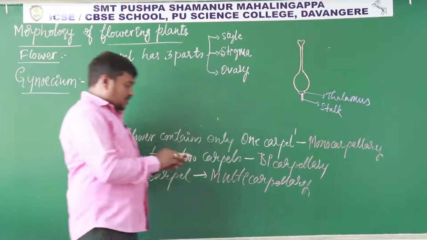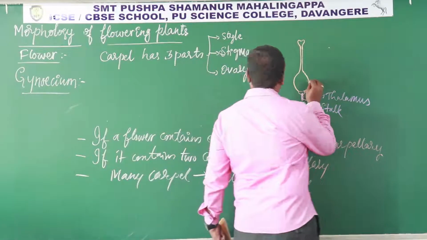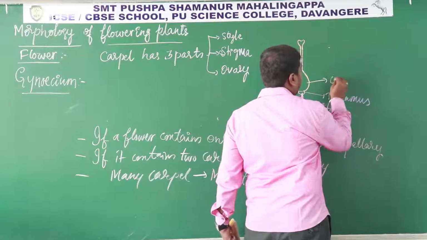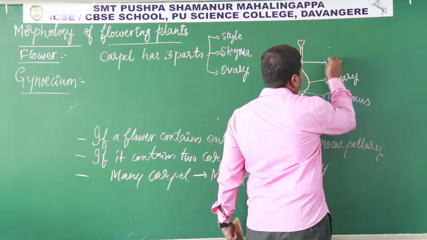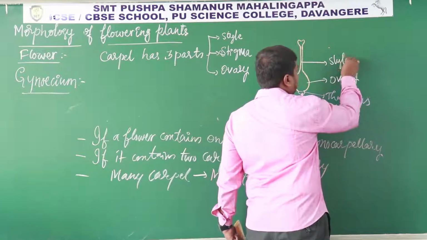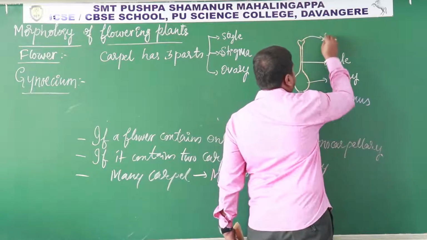This swollen part is the ovary. This one is the style, a long style, and this one is the stigma.